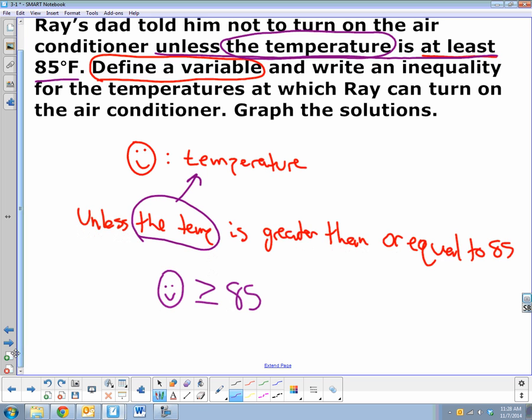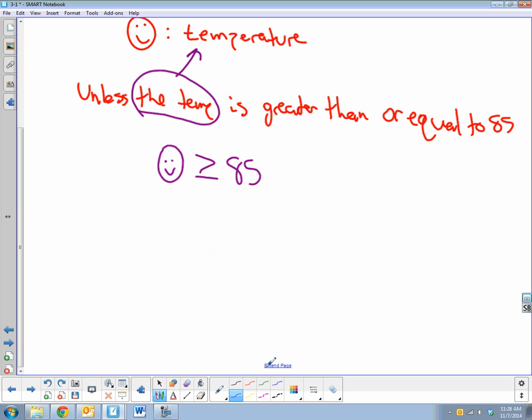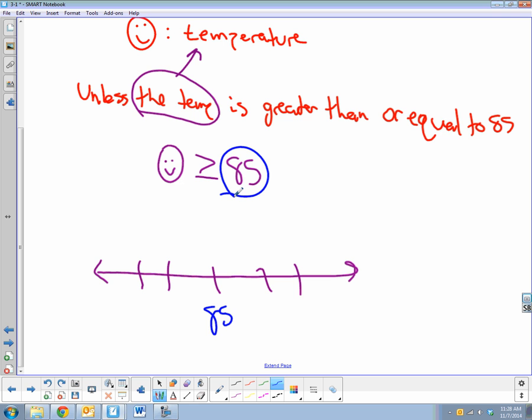Now I'm going to graph my inequality. A variable is just a symbol that represents an unknown. So it doesn't matter what letter or what symbol you have. Maybe don't use a times or a plus symbol. That might be confusing. But smiley face is greater than or equal to 85. So 85 is my solution. I'm going to put that in the middle. I'm going to count by ones.